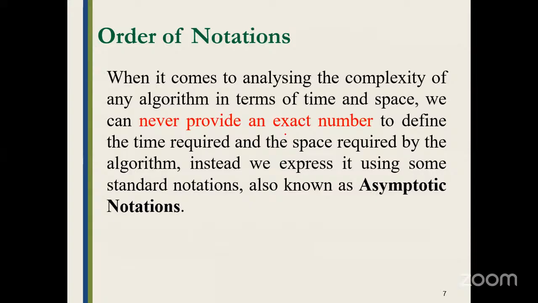The next important topic related to the analysis of algorithms is order of notation. What is this, and what are the different types of order notations we have? When it comes to analyzing the complexity of any algorithm in terms of time and space, as we covered, the algorithm is affected by two important factors: time and space.